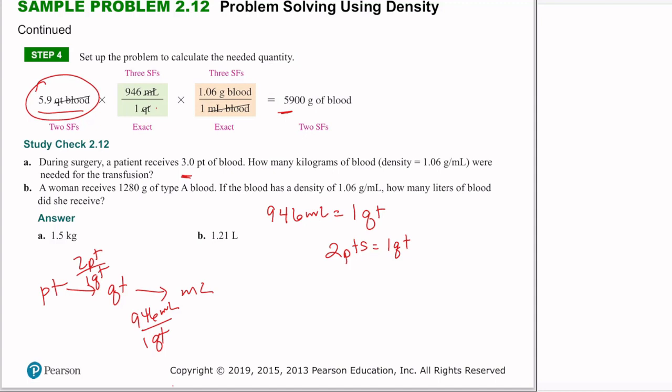Once we have milliliters, we can convert milliliters to grams using the density of 1.06 grams per 1 milliliter. Now we have grams, but we were asked to find our final answer in kilograms. So we'll need to convert grams to kilograms using the metric conversion factor. 1,000 grams is 1 kilogram.